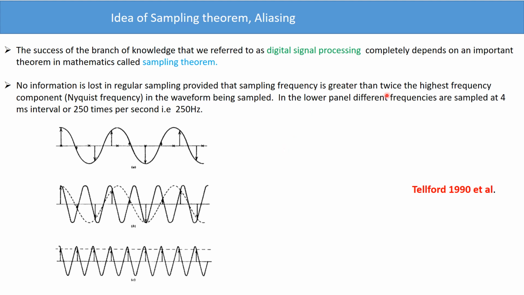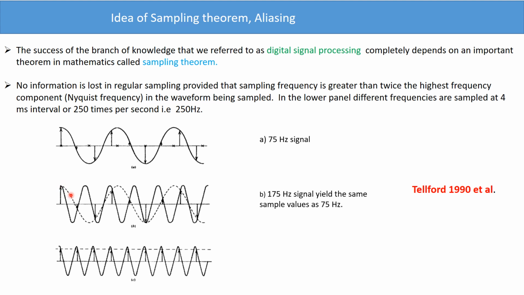Suppose the sampling frequency is 250 Hz. Our first wave is a 75 Hz signal. When the sampling frequency is 250 Hz, that is greater than twice 75 Hz, so the frequency is sampled properly. No problem in that. But a 150 Hz signal or a 175 Hz signal yields values the same as 75 Hz, because 250 is not greater than twice that frequency.